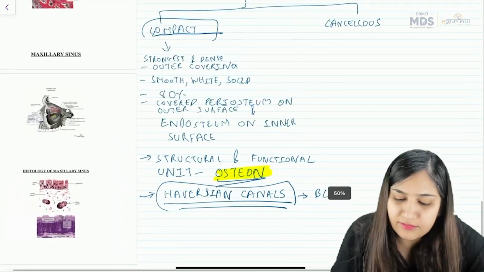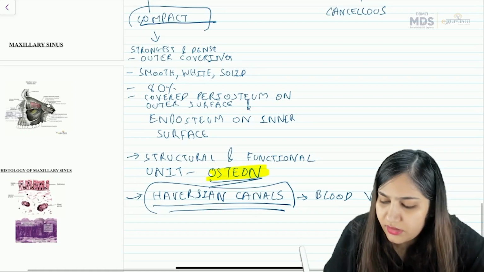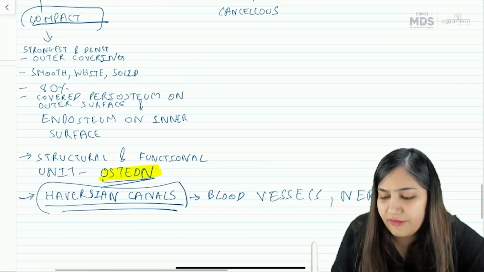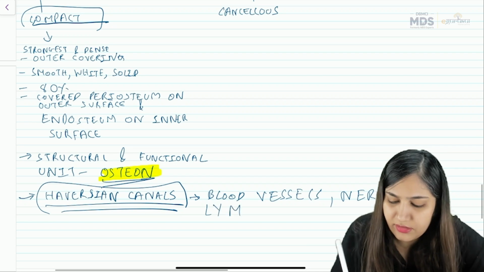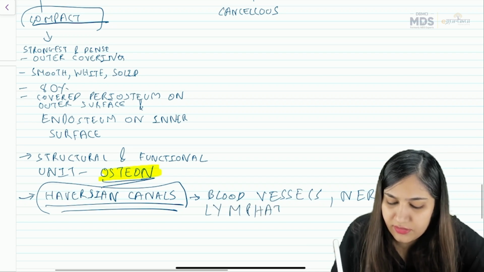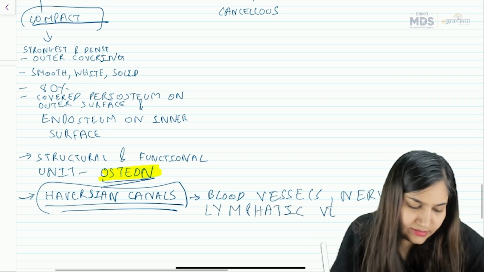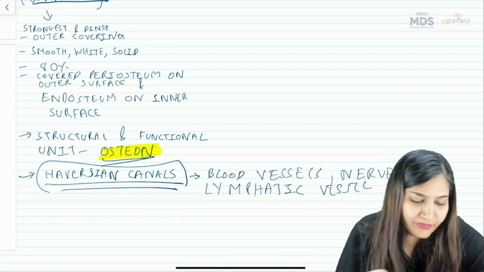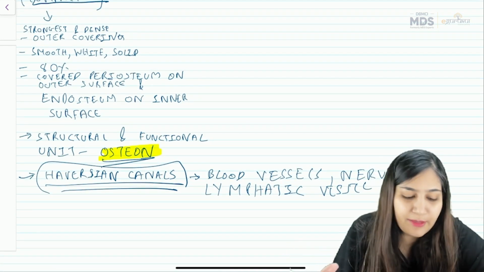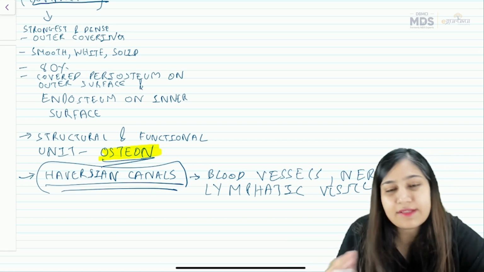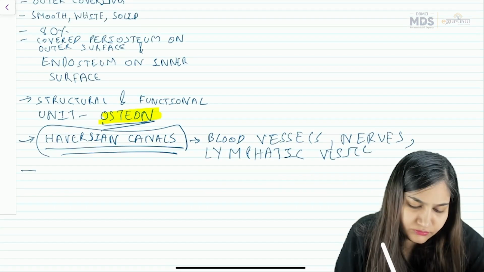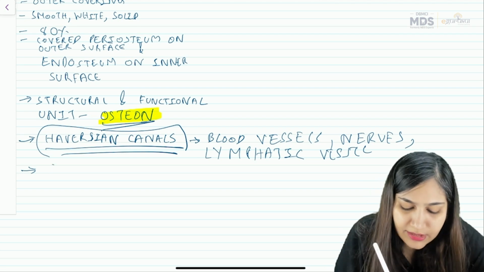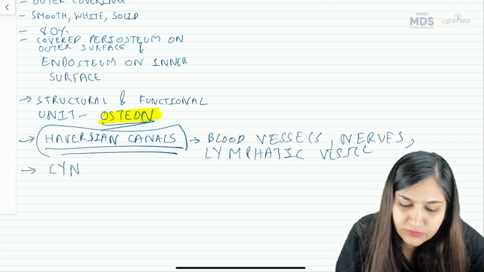A cylindrical structure made up of concentric layers known as lamella is present.